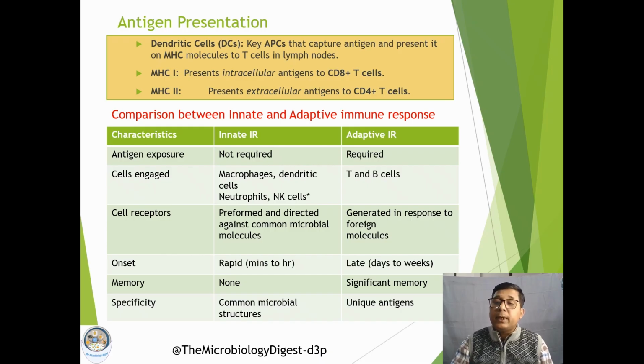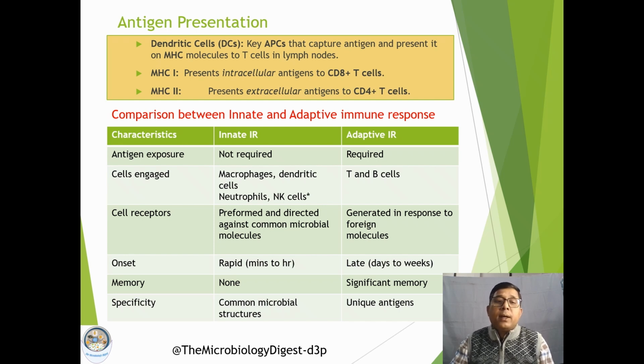But for adaptive immunity, antigen exposure is essential. Then different types of cells take part in innate immunity: macrophages, dendritic cells, neutrophils, NK cells. But in adaptive immune response, mainly B cells and T cells take part actively to generate an immune response.